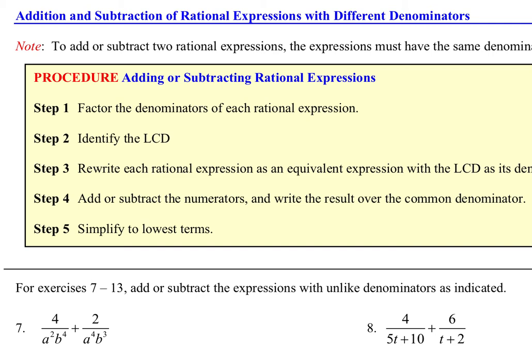So when we are adding and subtracting rational expressions that do not have the same denominator, we all of a sudden really get to practice what we learned in 7.3, and that is building an LCD and then rewriting each expression so that it's equivalent to a fraction with the LCD as its denominator.